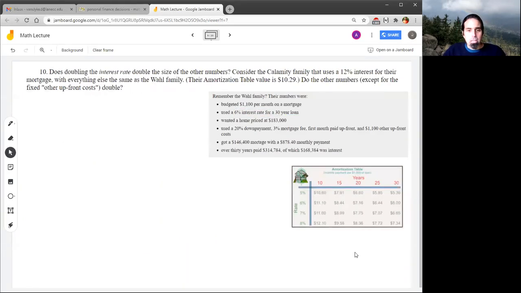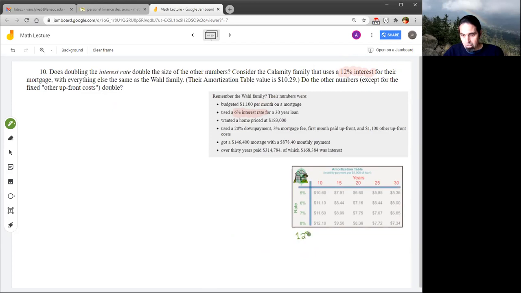Finally, problem 10, now we're taking the interest rate, and instead of a 6% interest rate, we're doubling it to a 12% interest rate. Somebody waited to exactly the wrong time in history and is trying to shop for a house when interest rates are gigantically high.